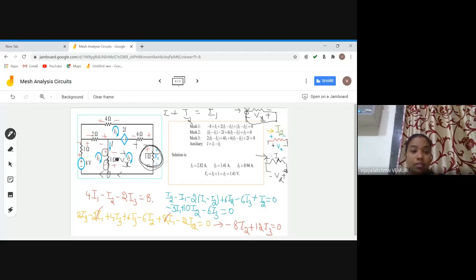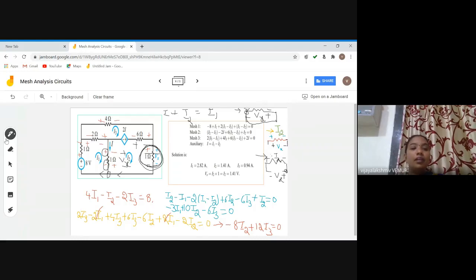So this 1 ohm, what is the current flowing through this 1 ohm resistor? I, isn't it? What is I? I1 minus I2. So 1 into I1 minus I2 will be your Vx value. Am I clear?